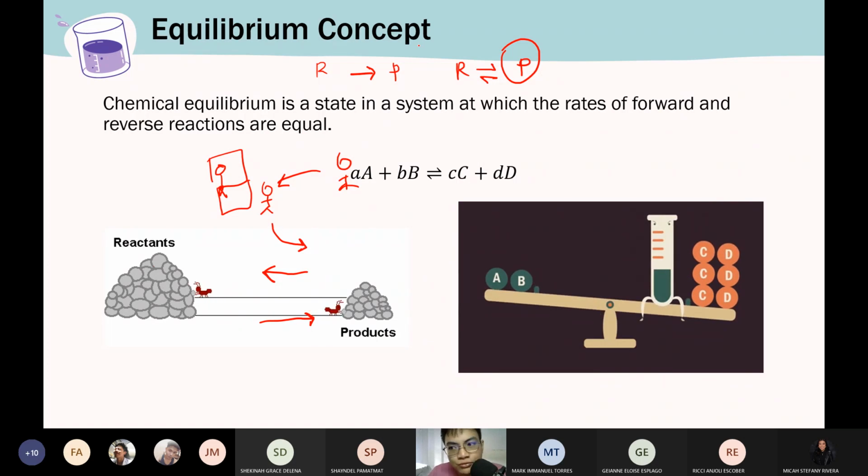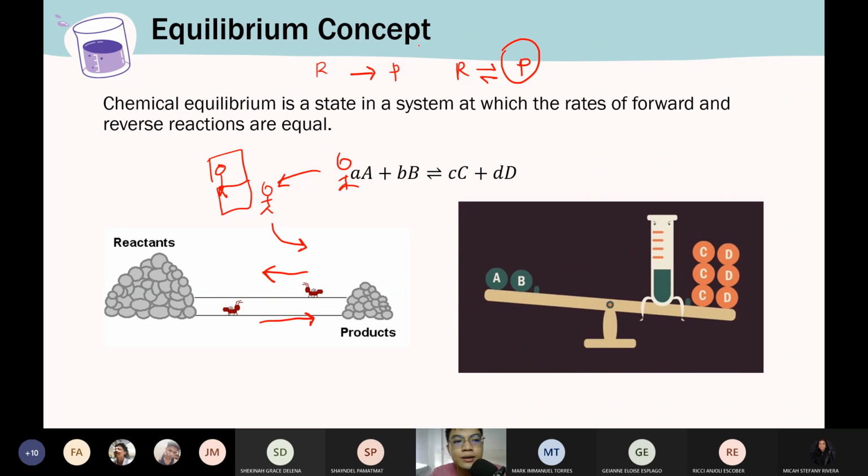Okay? You produce too much ATP na. Okay? And there's an excess of the ATP, so you need to store your carbohydrates, no, in the form of fats, no? Ganun. So, ganun ginagawa nila. Okay? So basically, that's the idea behind chemical equilibrium. No?